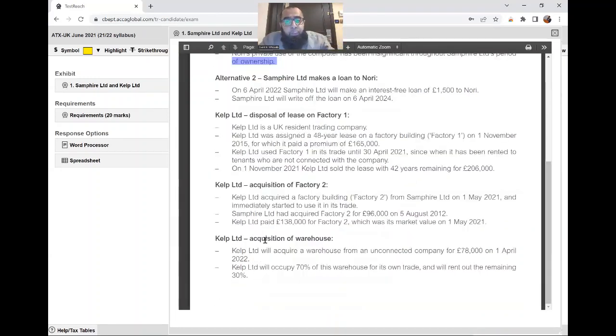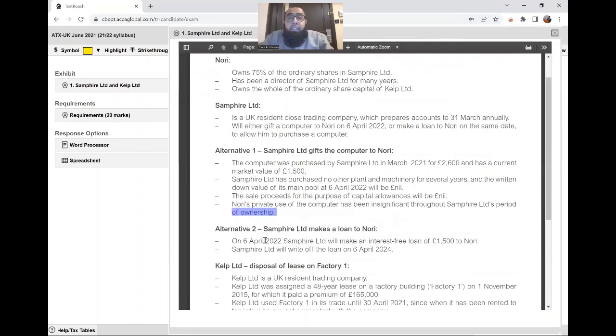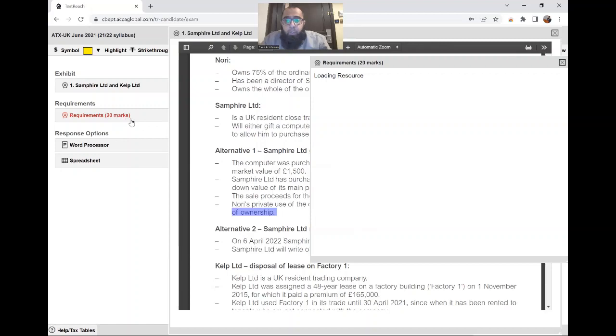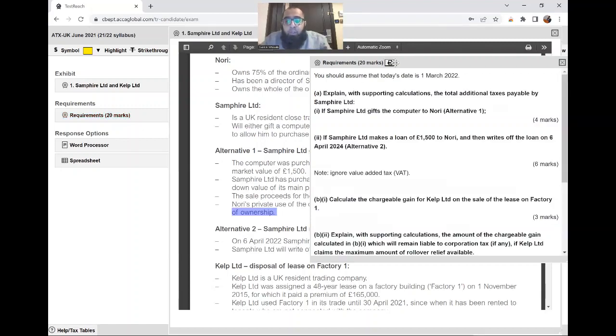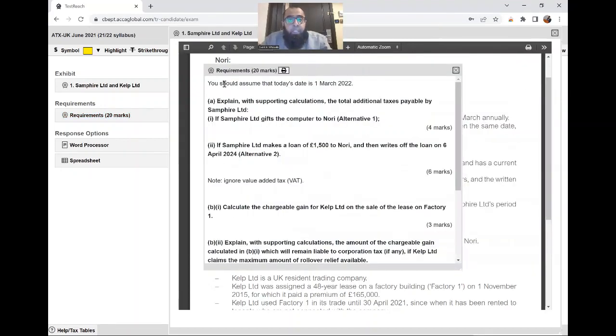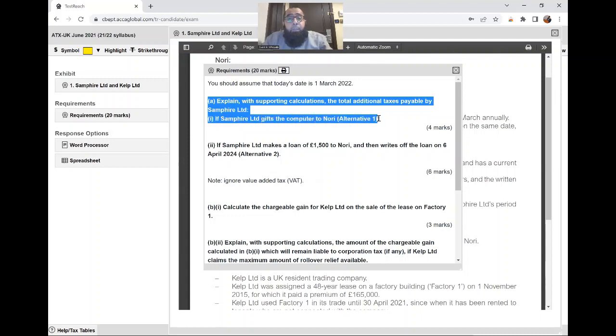Then there are different situations which are given. So let's look at the requirement, if there are isolated marks for it, so that we can try it and solve it immediately. You should assume that today's date is 1st March 2022. Explain with supporting calculation the total additional taxes payable by Semfire Limited if Semfire Limited gives the computer to Noori.